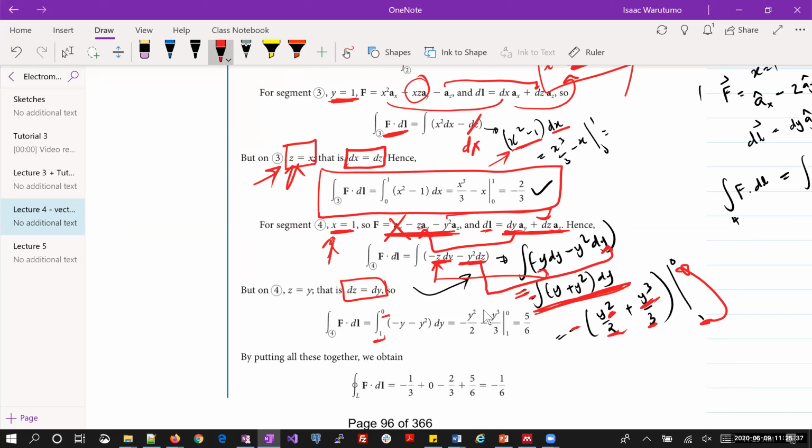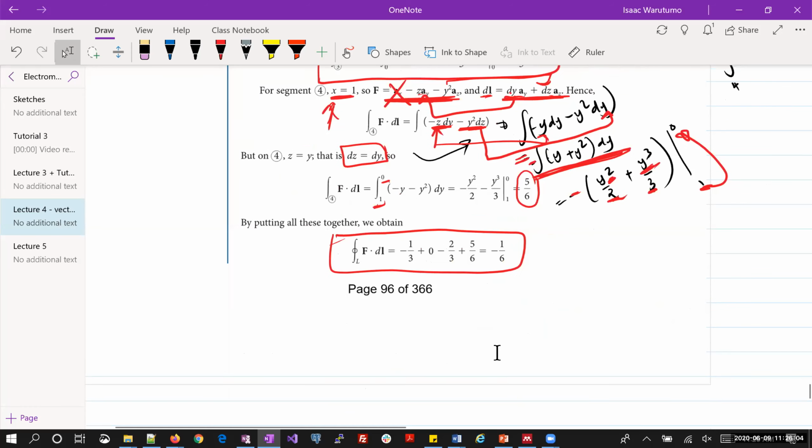So when I replace y with 1 and 0 where it is supposed to be placed, then my answer becomes 5 over 6. So I have repeated that for the sake of Brian and Derek, and I hope that is clear. So we have said that the final integral gives us minus 1 over 6. Okay. Thank you. You say that is clear.